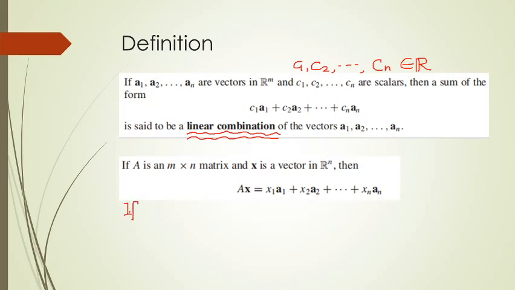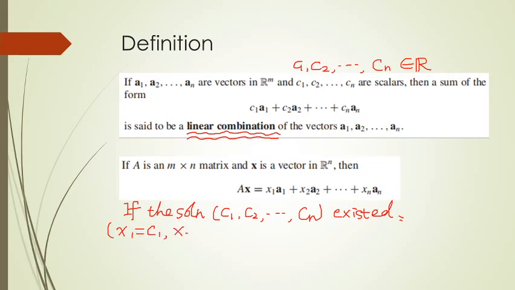If the solution C1, C2, Cn existed, it's equivalent to x1 equals C1, x2 equals C2, xn equals Cn.